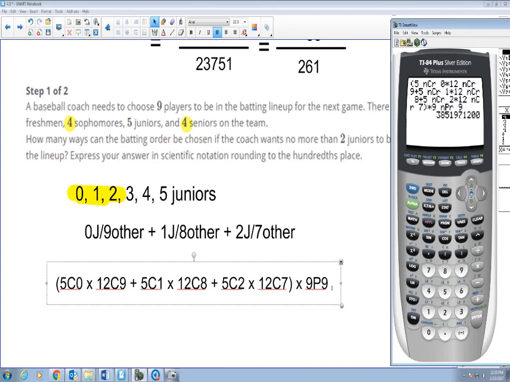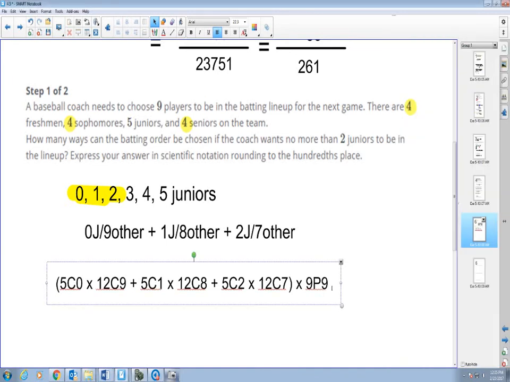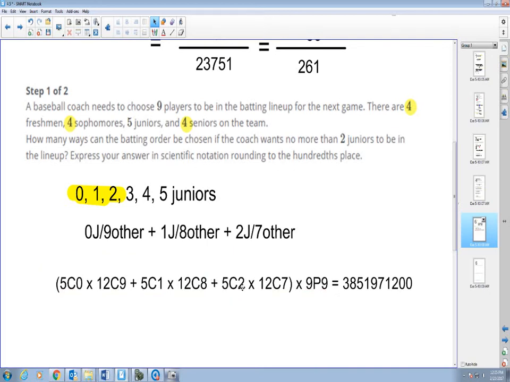That'll be this: 3851971200. Okay, so this problem wants me to write the answer in scientific notation.